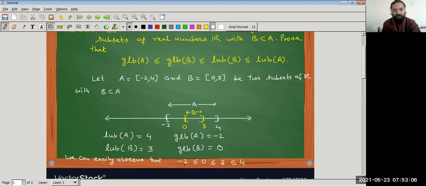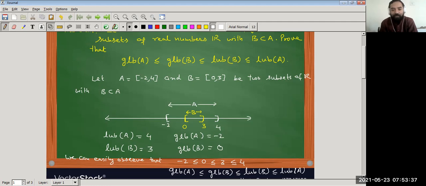So what is minus 2? This is nothing but the greatest lower bound of A. Less than or equal to 0, and 0 is nothing but the GLB of B. 3 is nothing but the least upper bound of B. And now 4 is nothing but the least upper bound of A. So by example, the proof of this theorem becomes very easy.